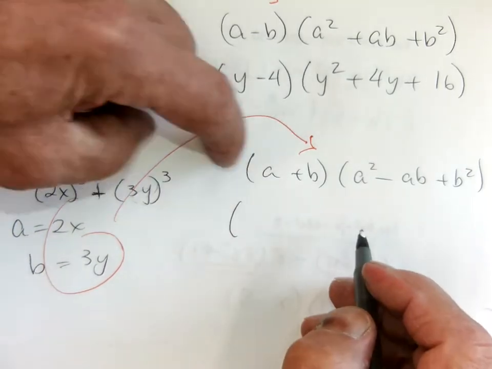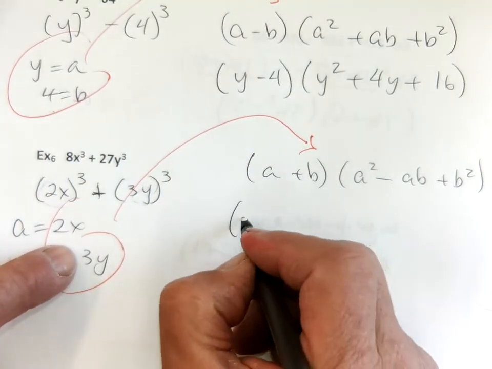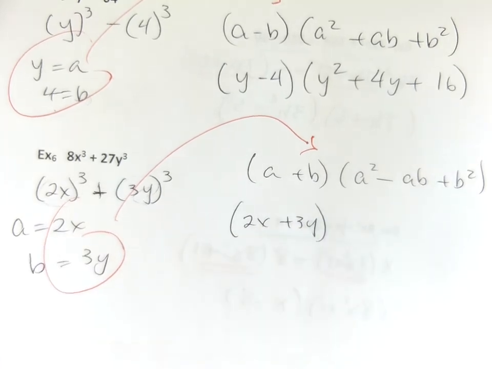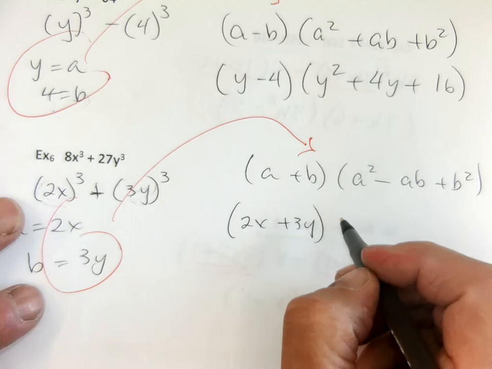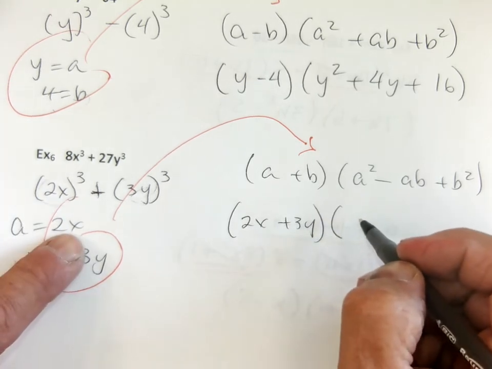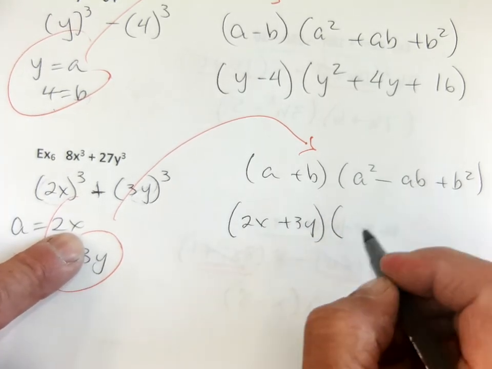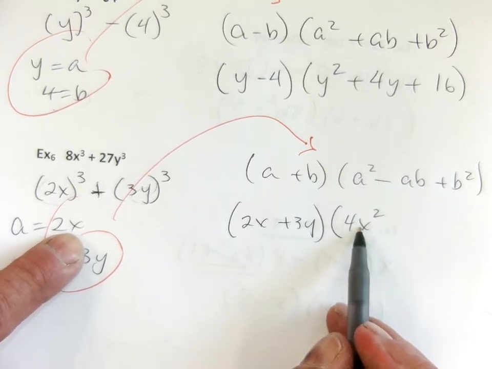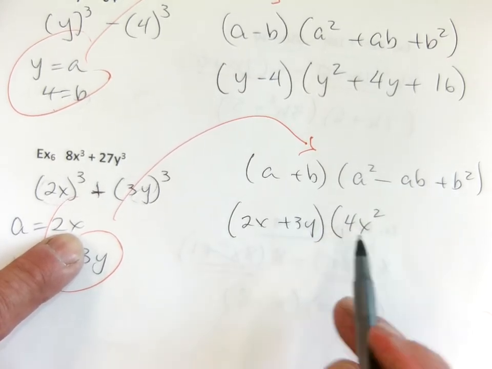So instead of writing a plus b, let's write 2x plus 3y, okay? And instead of writing a squared, let's write 4x squared. You okay with 4x squared? You know how I got 4x squared? What's 2 times 2? Right.